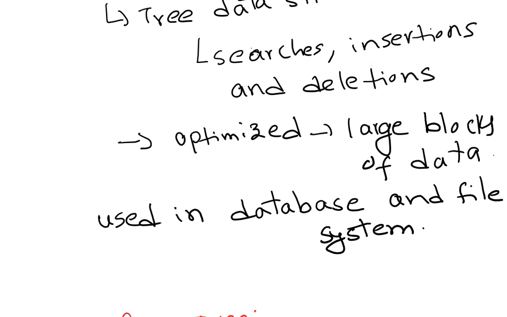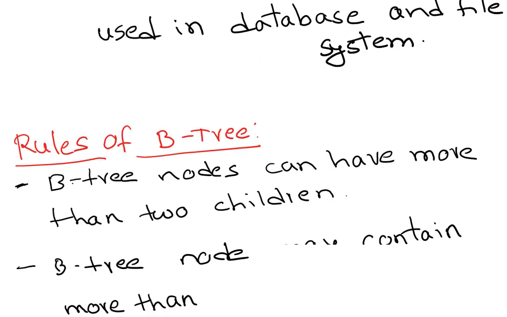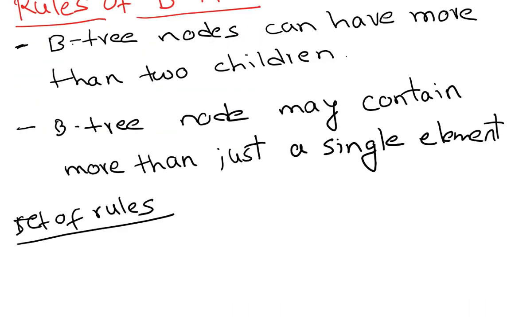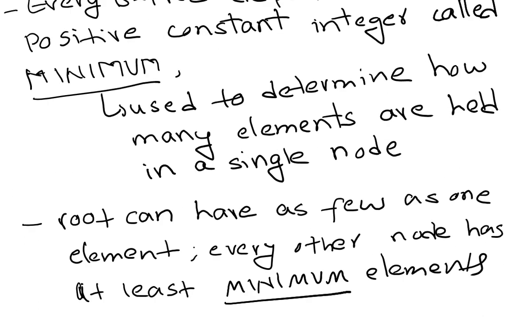It's optimized, particularly used for large blocks of data, and it can be used in databases and file systems. For the rules: unlike the binary tree, which has at most 2 children, here we can have more than 2 children. A node may contain more than just a single element, and every B tree depends on a positive constant called minimum.